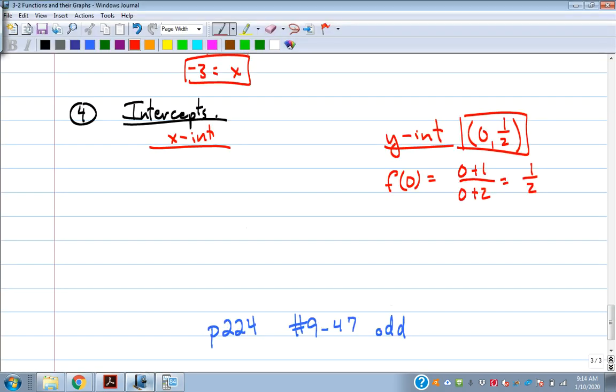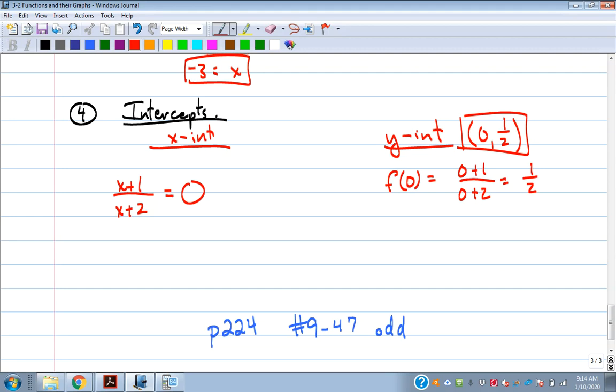All right. The last thing here is the X intercepts. How do you find X intercepts? Set the Y equal to 0. So that means we're going to take the function and set it equal to 0. So if we set an equation equal to 0, we will find the X intercepts.